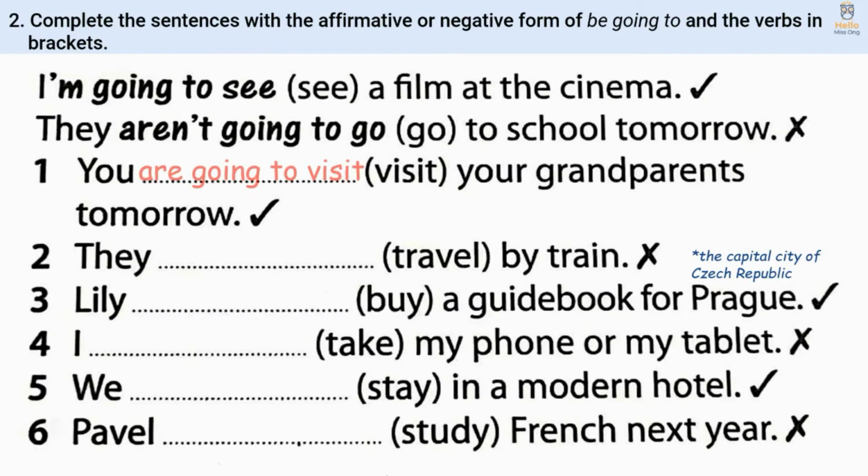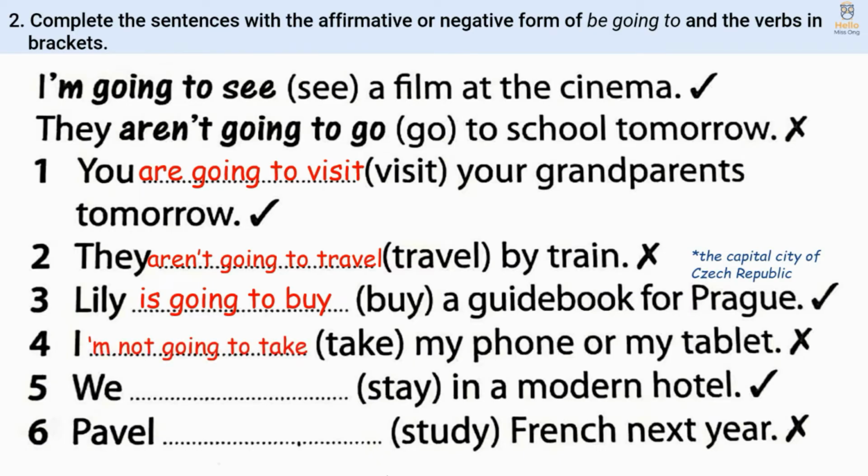1. You are going to visit your grandparents tomorrow. 2. They aren't going to travel by train. 3. Lily is going to buy a guidebook for Prague. 4.